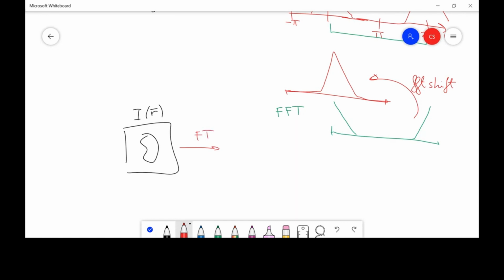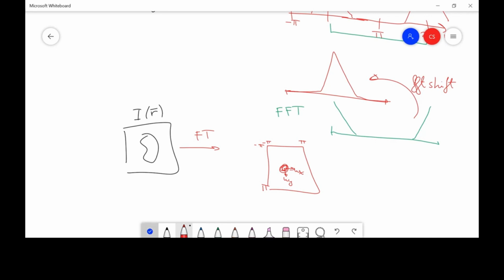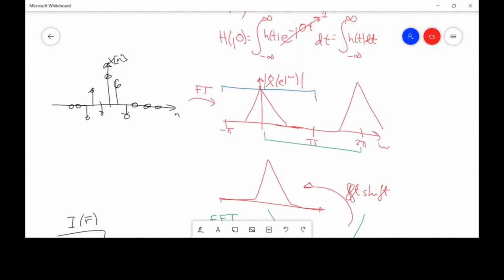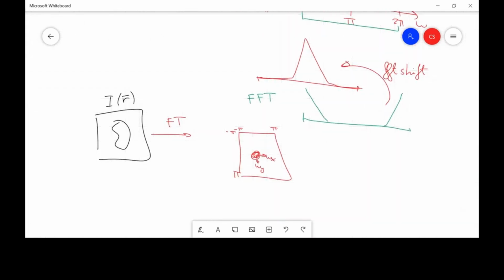And we like to think of it in this way, in which we have minus pi, minus pi, and then omega y, omega x, and there will be some kind of Fourier transform there that is high at low frequency and low at high frequency. So this one has more energy at low frequency and lower energy at high frequency.